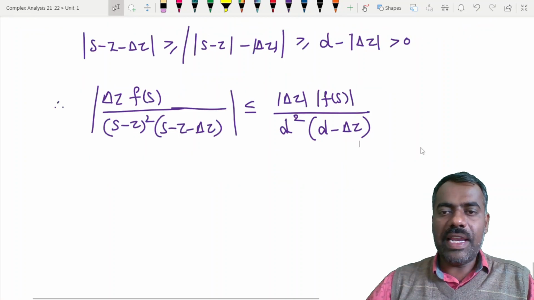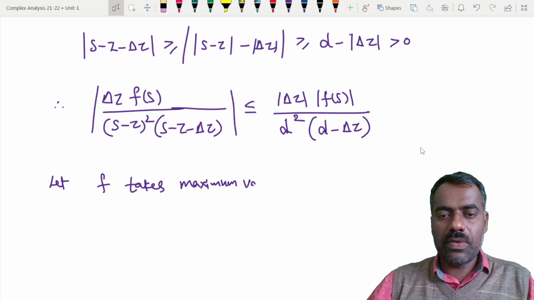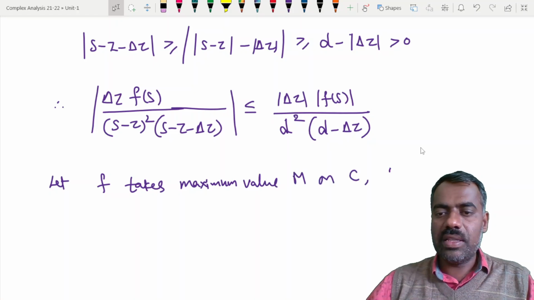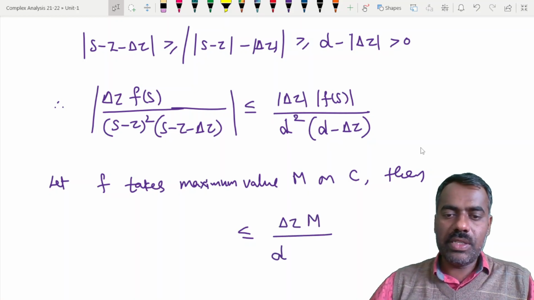Now, if we let f take maximum value M on C, then the above inequality will become less than or equal to mod delta z into M upon d square into d minus delta z.